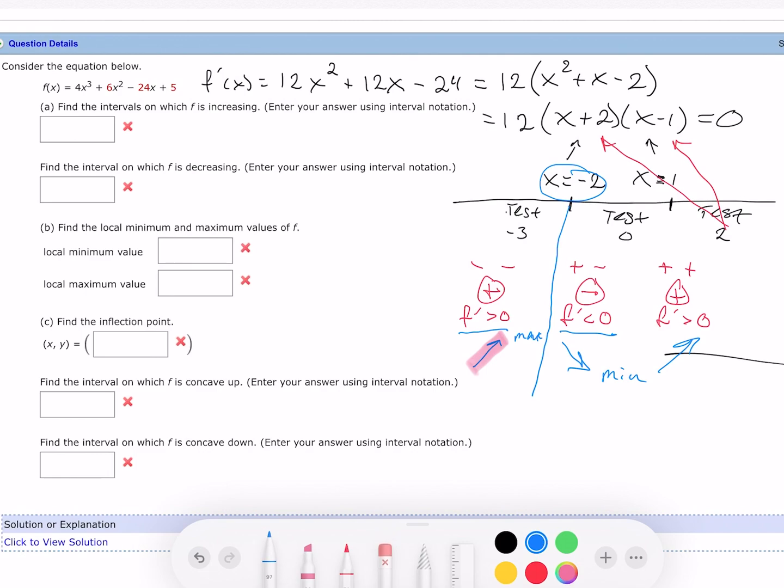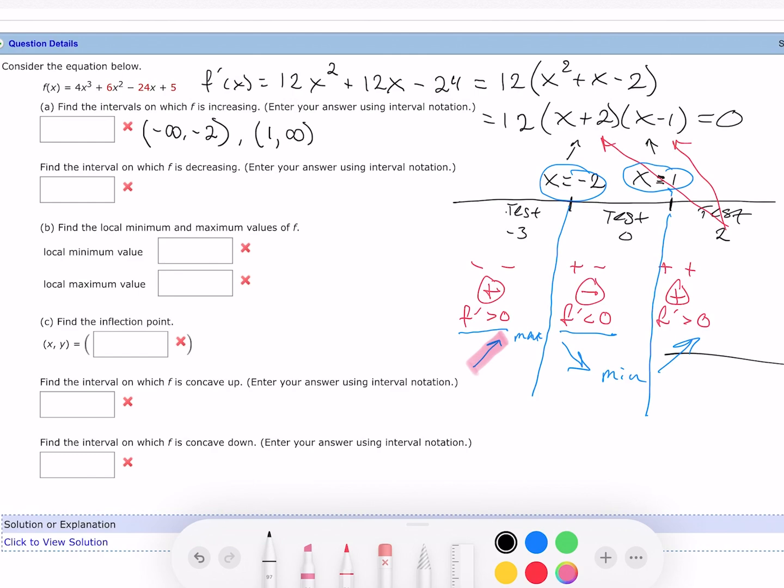So we can answer from negative infinity all the way up to negative 2. And is it increasing anywhere else? It sure is. Everywhere to the right of x equals positive 1. So we're starting at 1, excluding the 1 with an open bracket, going all the way up to positive infinity.